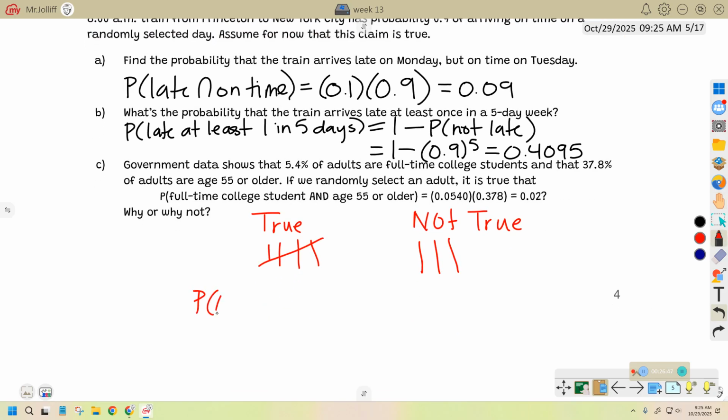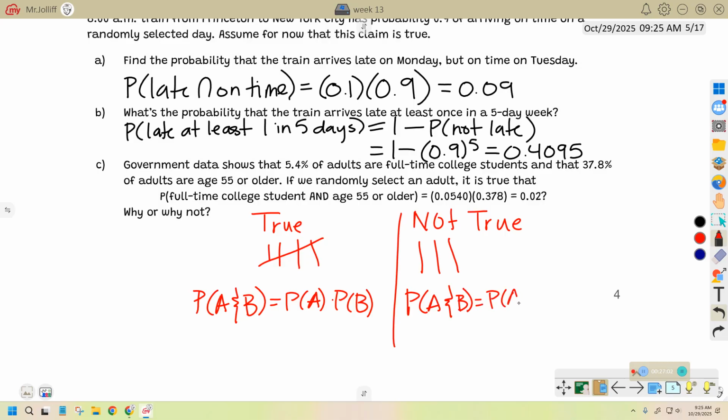So the true group was over here. We said that P(A and B) is just P(A) times P(B). The not true group is saying that P(A and B) is P(A) times P(B given A).